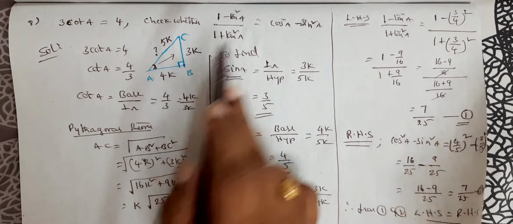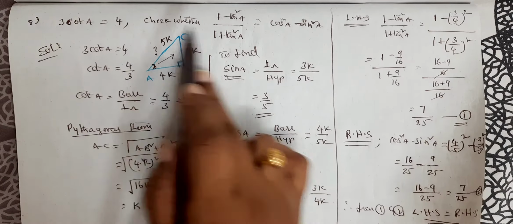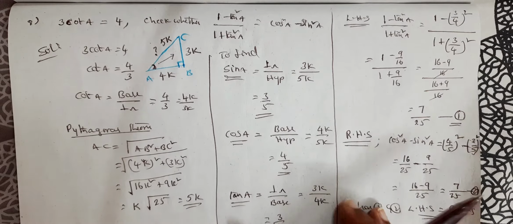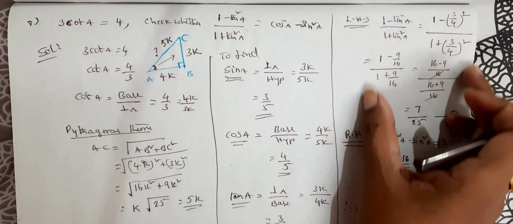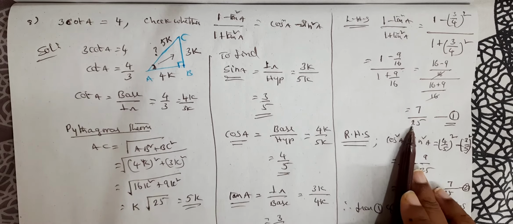Now to verify whether this is correct or not, we need to know tan, cos and sin value. So therefore we determined sin A from the triangle, cos A from the triangle and tan A from the triangle. Right, once we have found all these values, now we are determining LHS value, substituting tan values in the given LHS, we got the value to be 7 by 25.